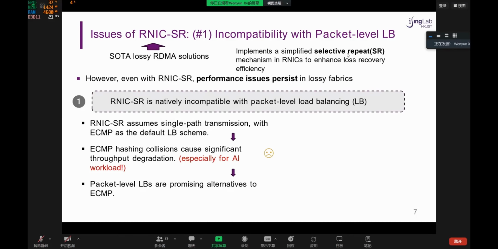However, ECMP hashing collisions are unavoidable and they cause significant throughput degradation. The impact is especially pronounced in today's AI workloads. Meanwhile, packet-level load balancing methods such as adaptive routing are promising alternatives to ECMP. However, RNIC SR is natively incompatible with packet-level load balancing.